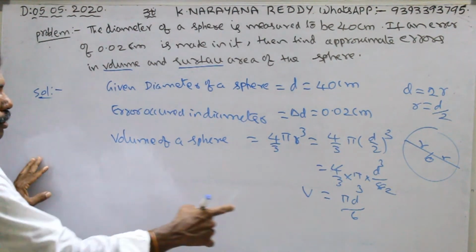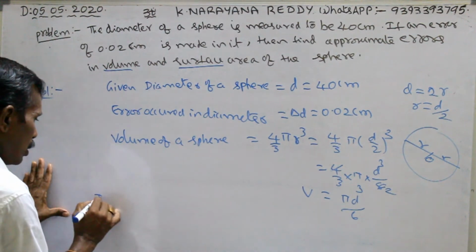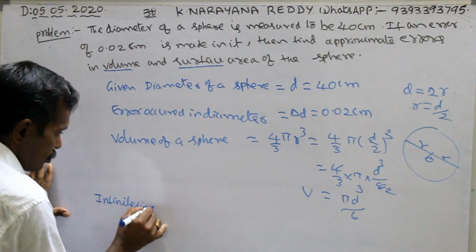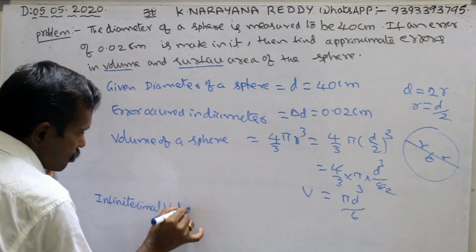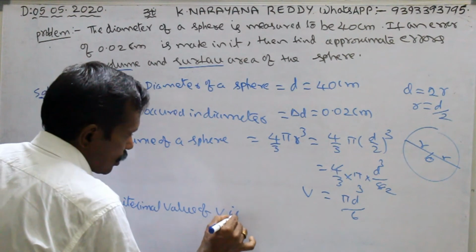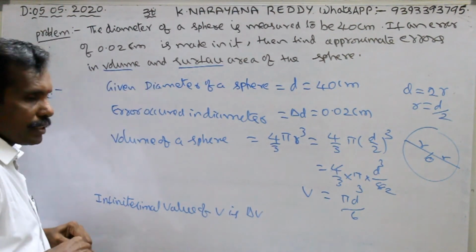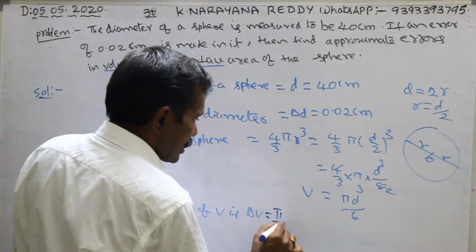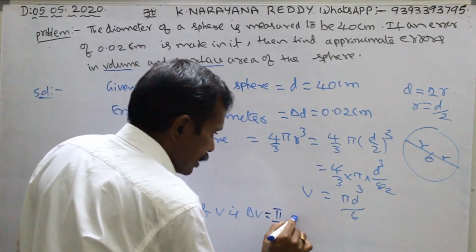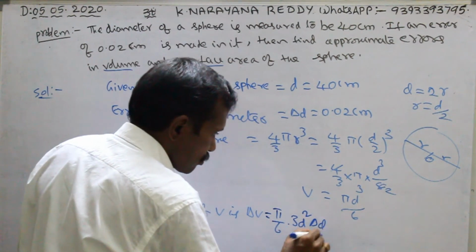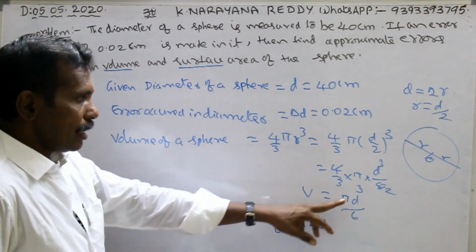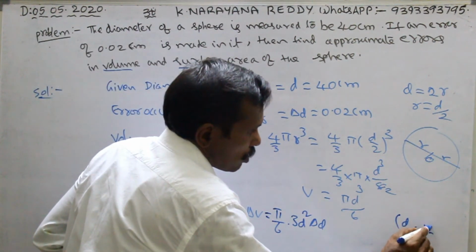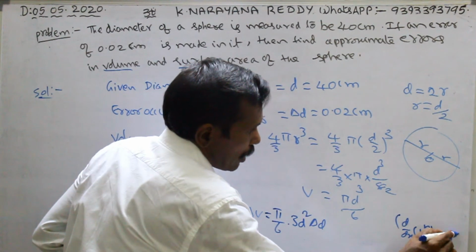Next, the approximate error in volume. The infinitesimal value of V is del V. What is del V? Del V is pi by 6, constant, into 3 d square del d. This is differentiation: d by dx of x to the power n equals n x to the power n minus 1.